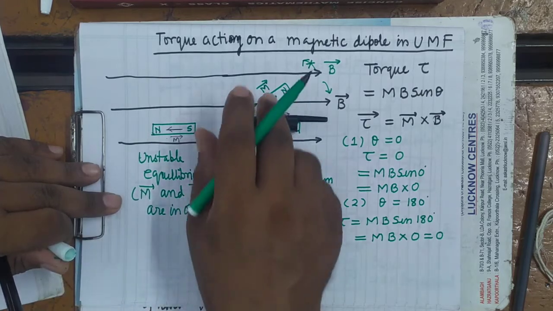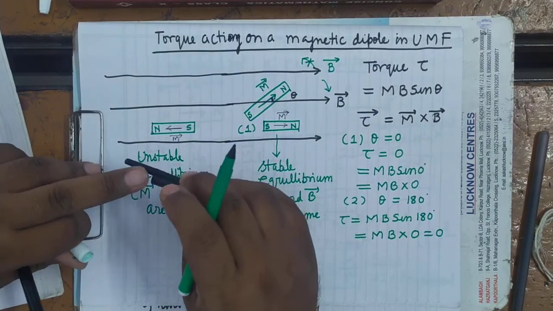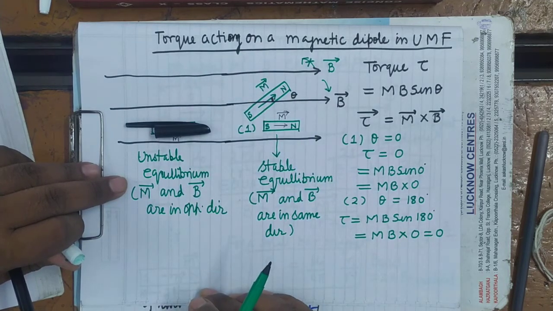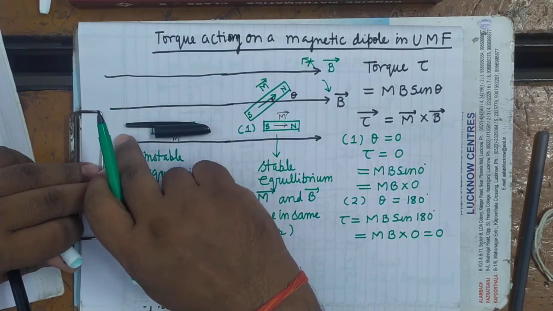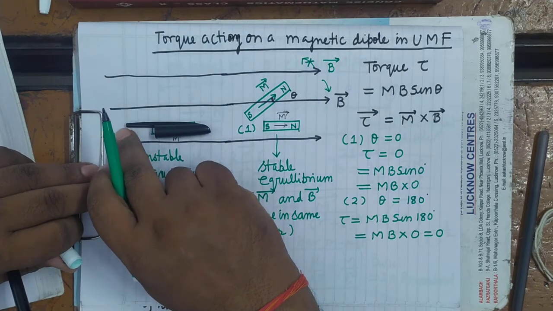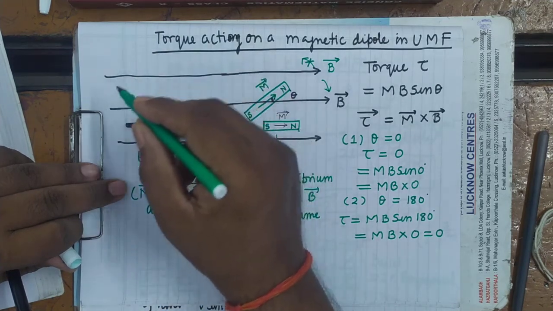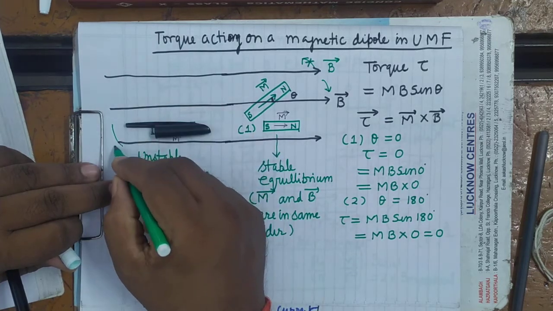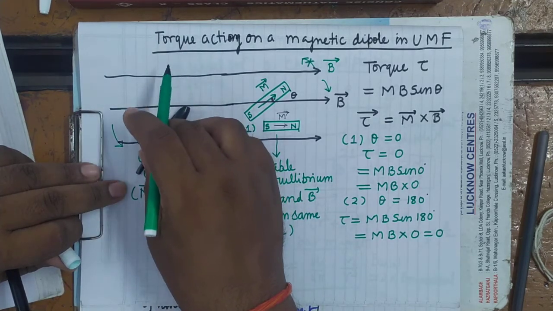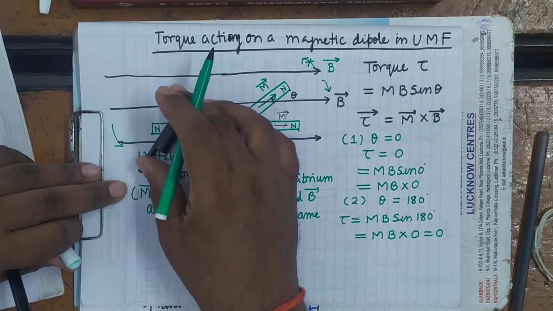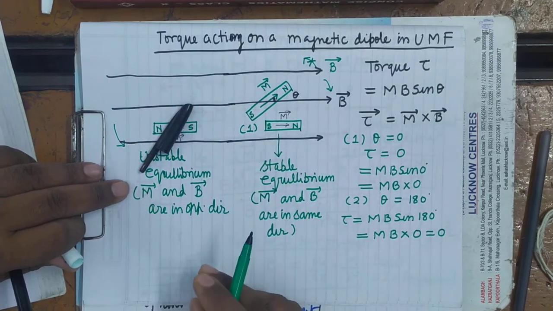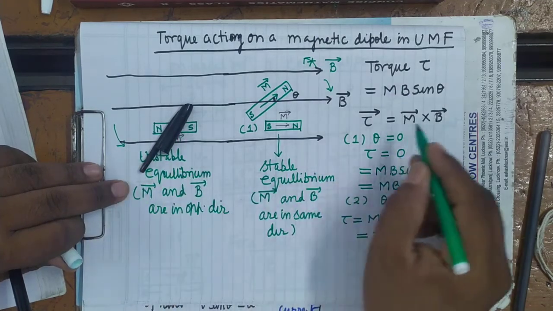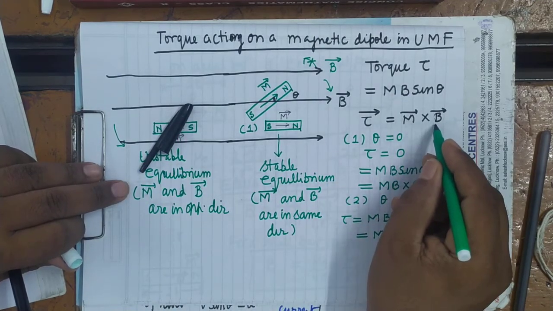But here you can see, this is representing magnetic moment, so it is kept in this way. When you will rotate it, what will happen? Suppose you are applying the deflecting torque in this direction. It's clear. This is the direction of deflecting torque. It will come to this position. It is clear. Now on rotation, vector M and vector B will be no more parallel.